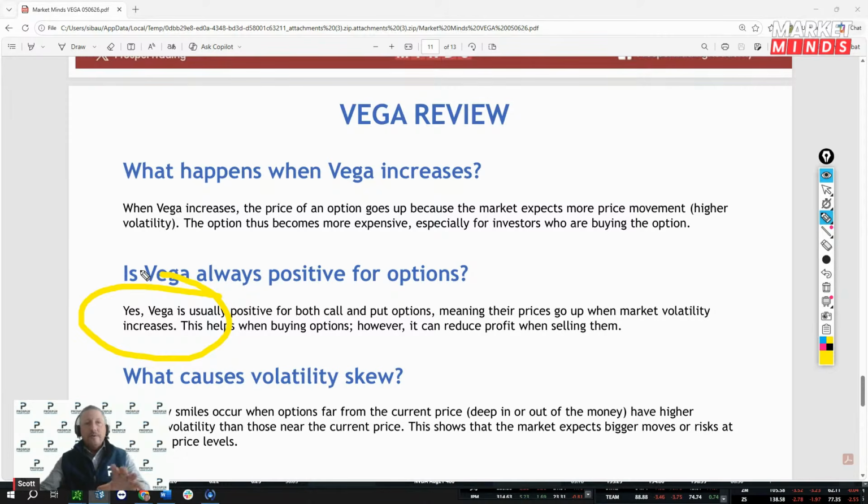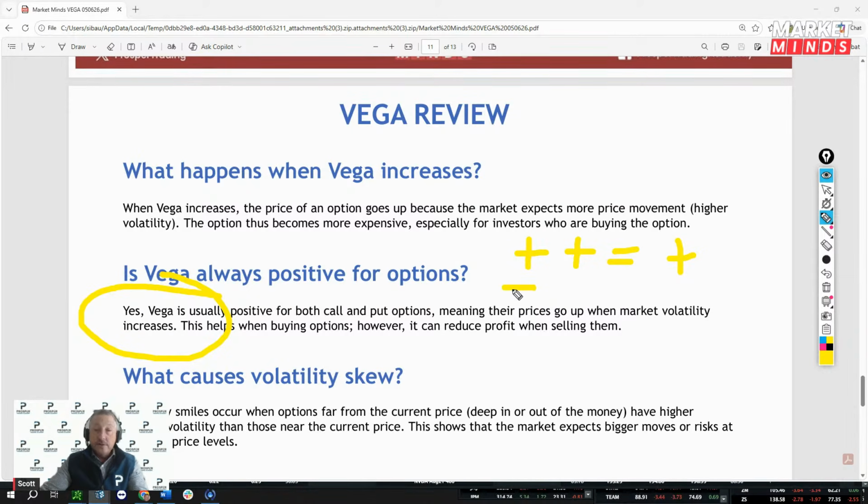Now, all of you remember the algebraic equation that we would go through to determine whether we have a positive or negative delta position. So if we own a call option, so the plus is for owning, buying it, a call option being positive delta, then we have a positive delta position.